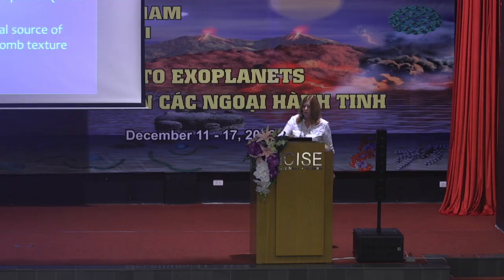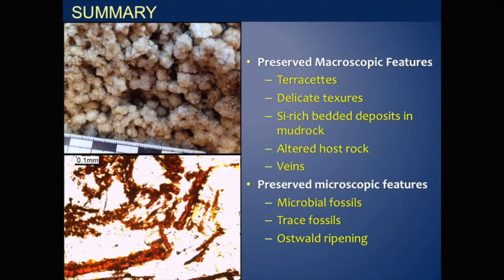A trace fossil is like a worm burrow or something like that. It records the activities of an organism. And so that's interesting. You don't have to have the body fossil preserved. You can have a trace fossil preserved, okay?